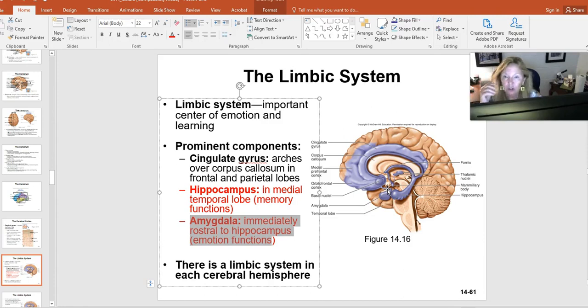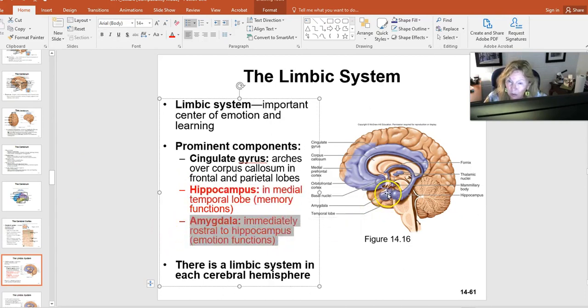young people. Human beings, Homo sapiens as a species in the animal kingdom, has one of the longest stages of development where adults take care of the young. It's a very long stage of development, and that includes this amygdala not being mature until then. So the hippocampus, memories, and the amygdala, emotions.